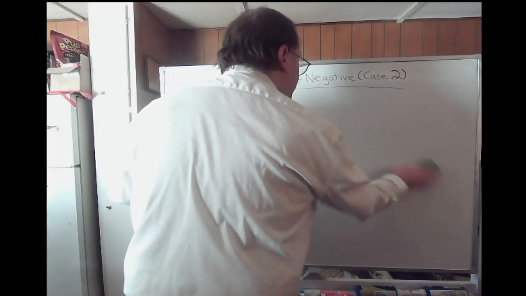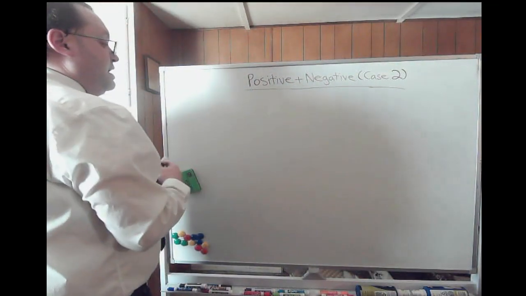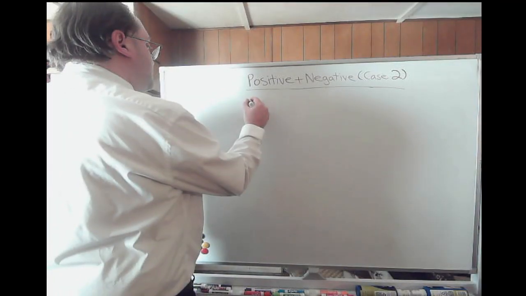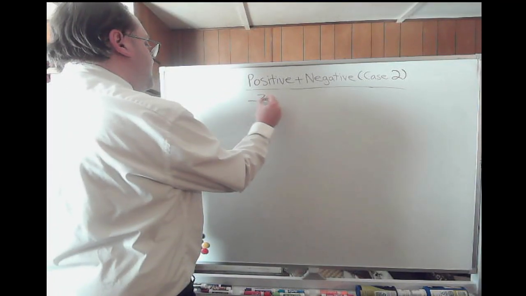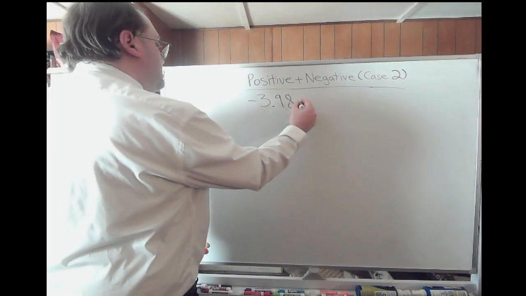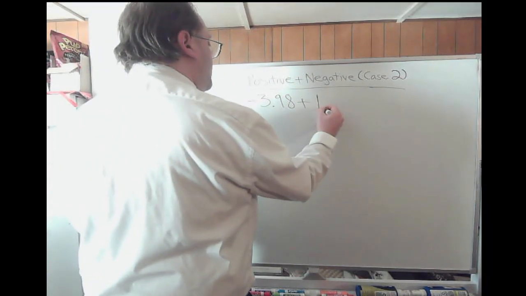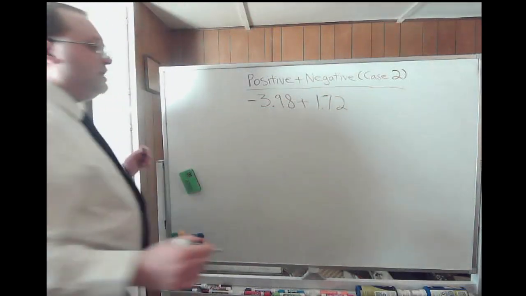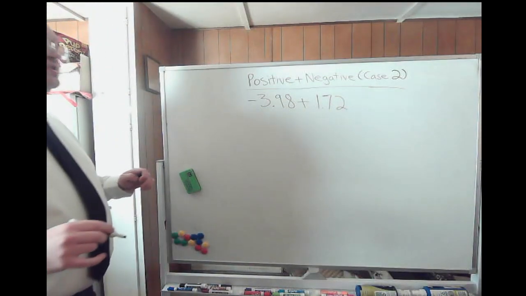Alright. Now, let's see here. Let's say we have negative 3.98 plus 1.72. We got negative 3.98 plus 1.72.